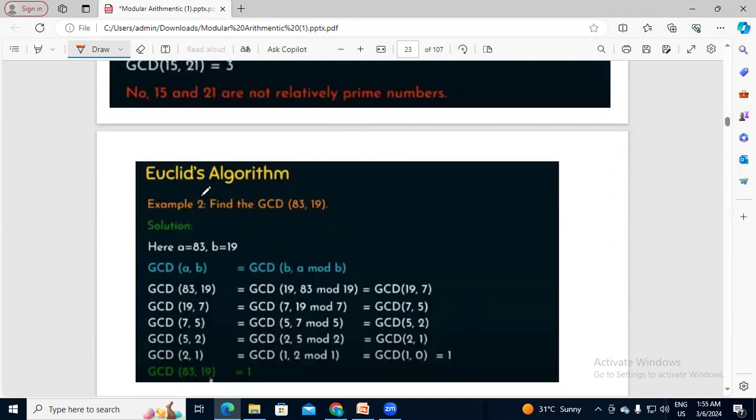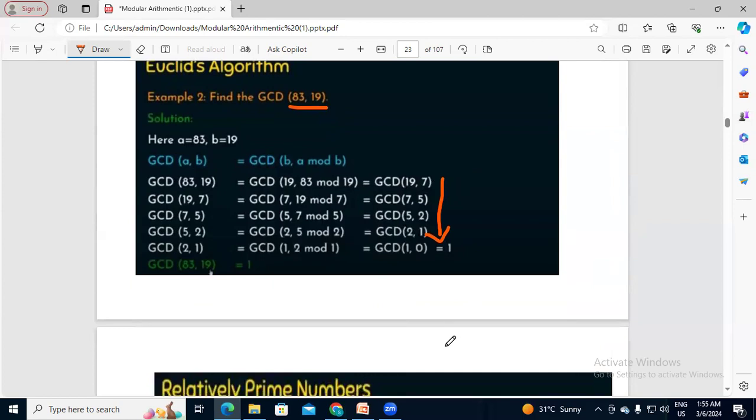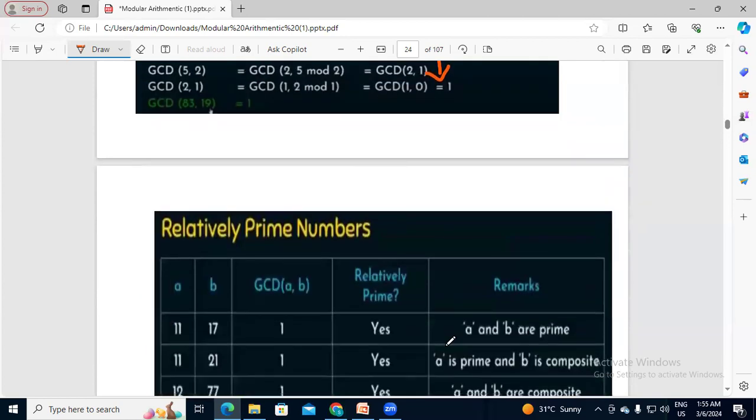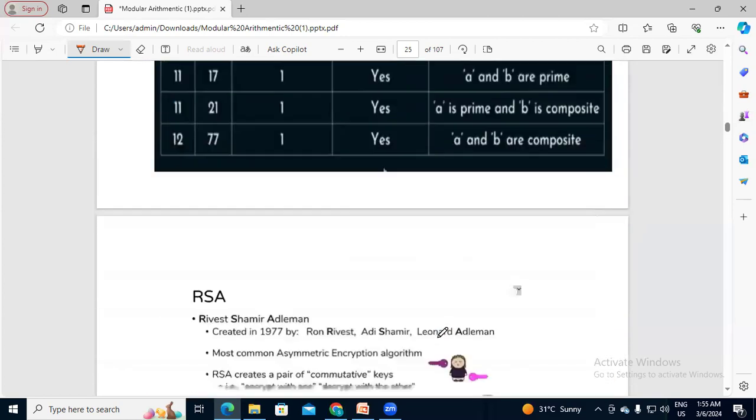So, the GCD of 83 and 19: you can find the GCD with Euclid's method, and if the GCD of the two numbers is 1, then they are relatively prime numbers.